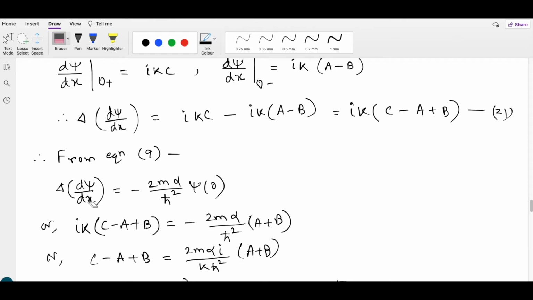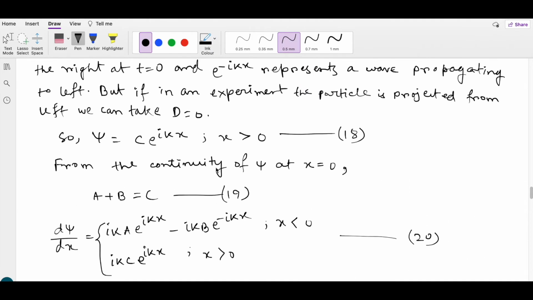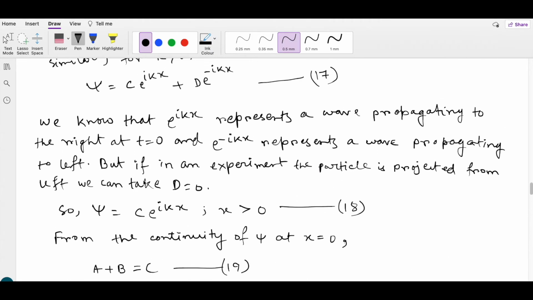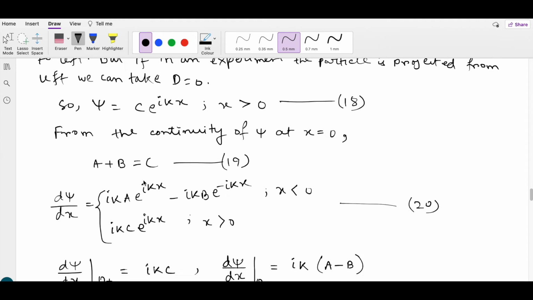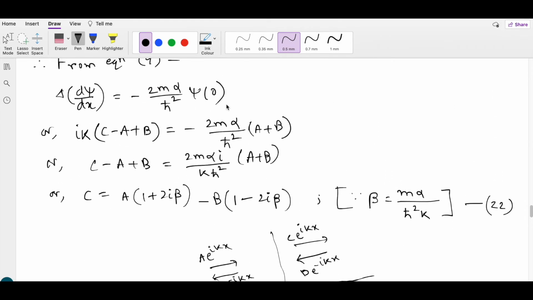So delta d psi by dx is ik(c minus a plus b), we have just determined that. Just put that value here, and psi(0) is a plus b. Psi(0) is a plus b or c, you can put anything because those are the same.